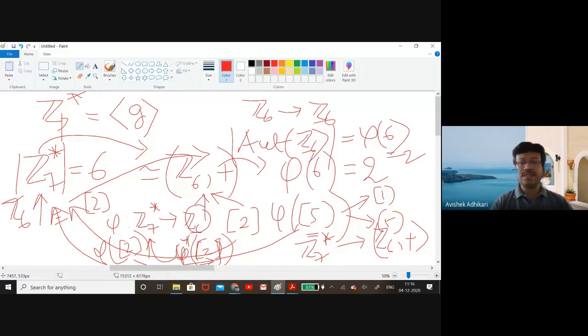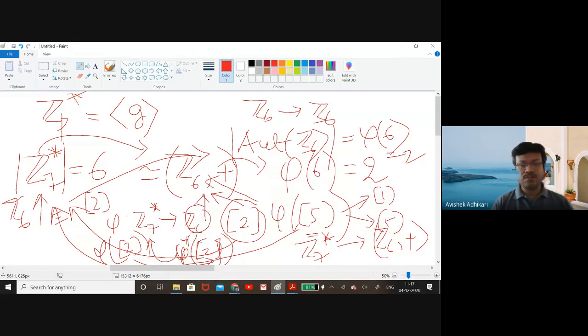So who says that class 2 is not a generator? Now I think you understand that. You cannot directly say it, because phi inverse of class 2 may not go to class 2. It may go somewhere else.